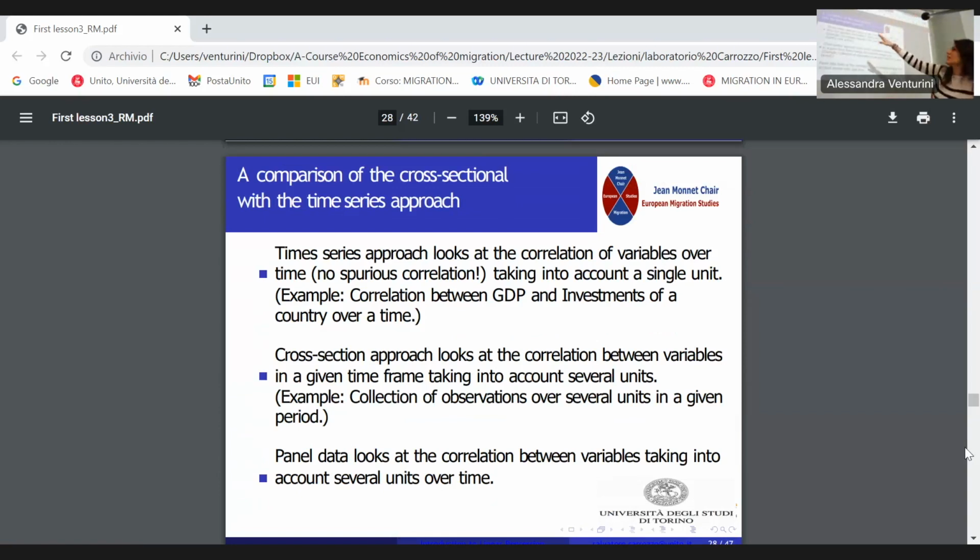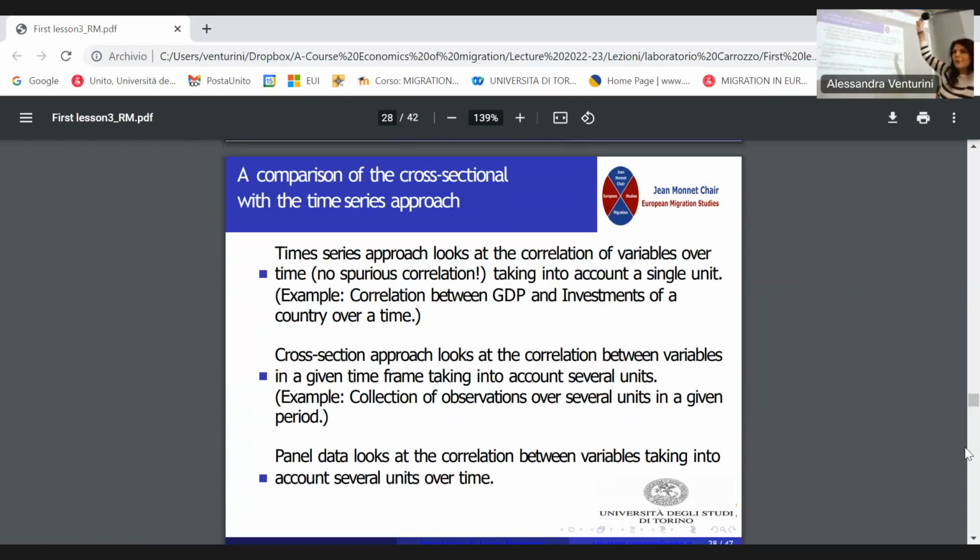For instance, the correlation between GDP and investment of a country over time, for instance, for 20 years. In the cross-section approach, we look at the correlation between variables in a given time frame, taking into account several units. For instance, the collection of observations over several units in a given period, for instance, just 1 year.